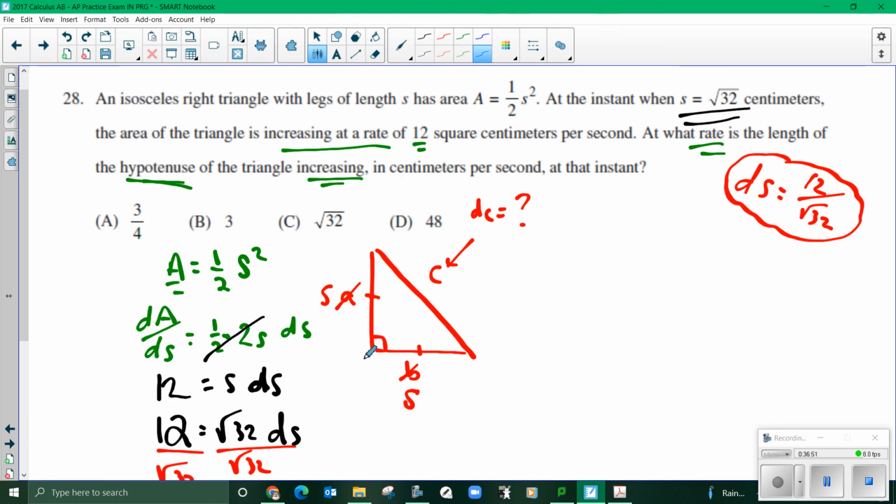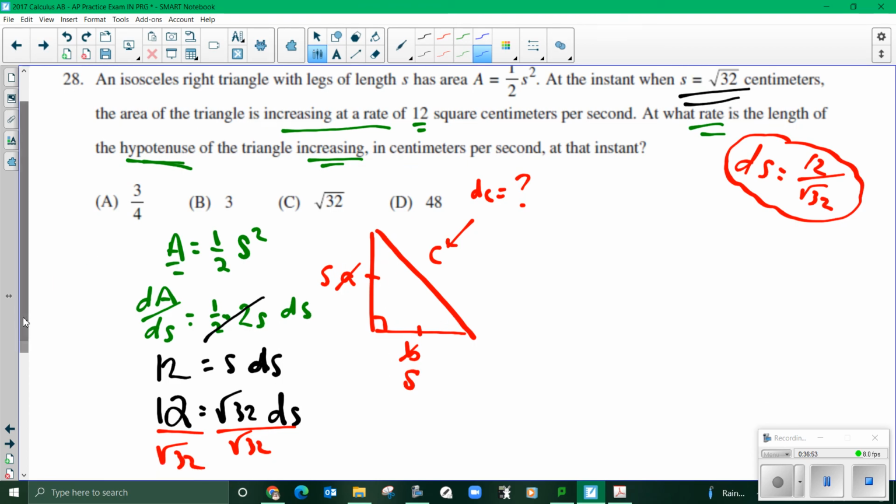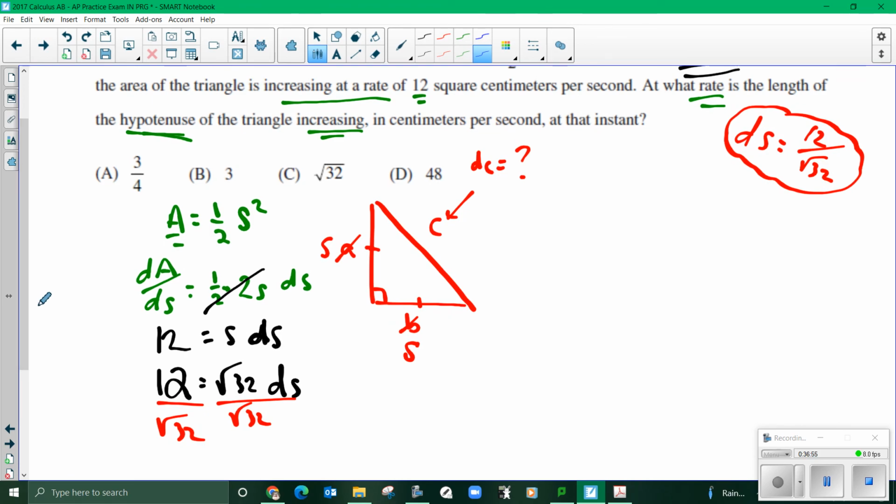They have a length S. All right, so I have A squared plus B squared is C squared. So I have S squared plus S squared is C squared. And if I clean this up, I can combine my left side and just say that's 2S squared equals C squared. All right, I need DC.